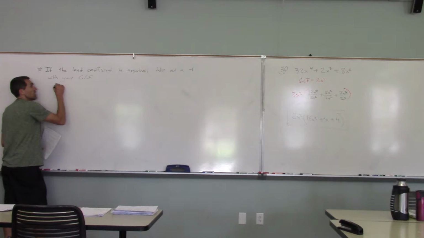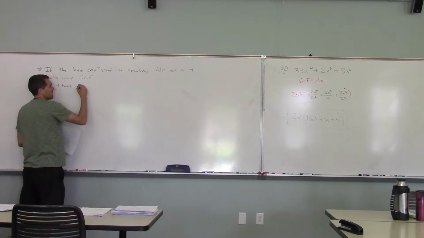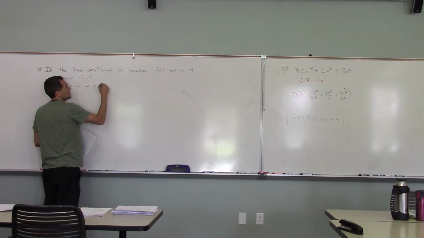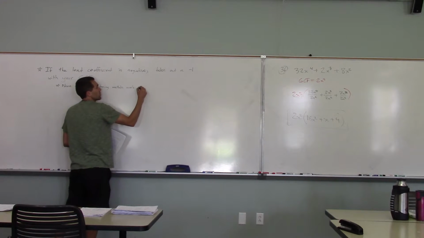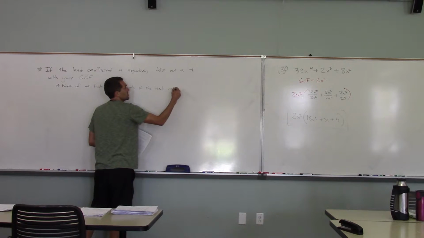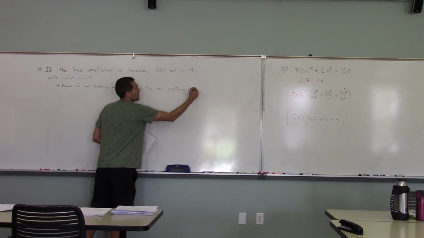The reason, as you'll see in chapter 6, is that none of our factoring methods work if the lead coefficient is negative, although I think you could actually get by with one or two of them.